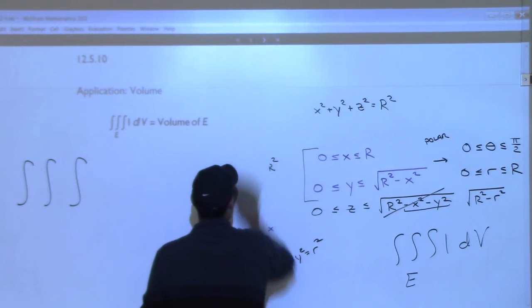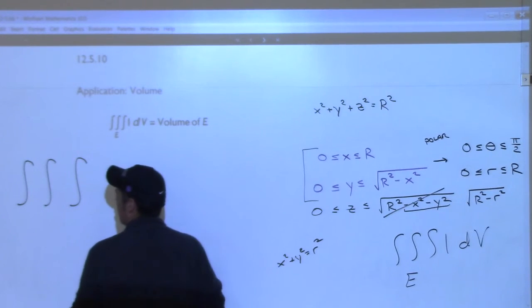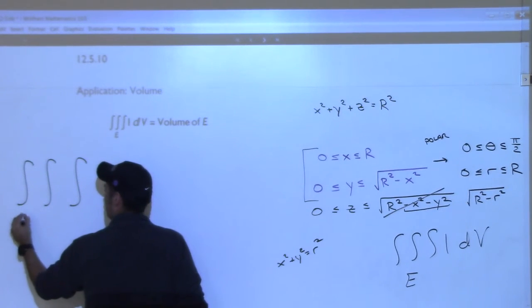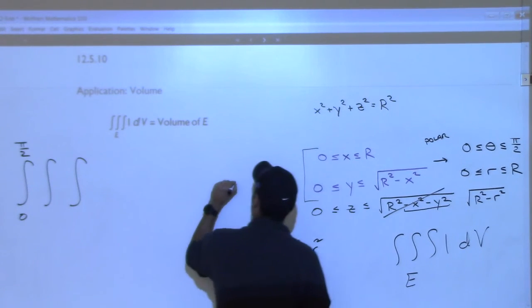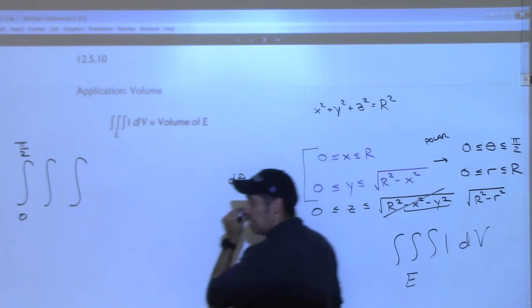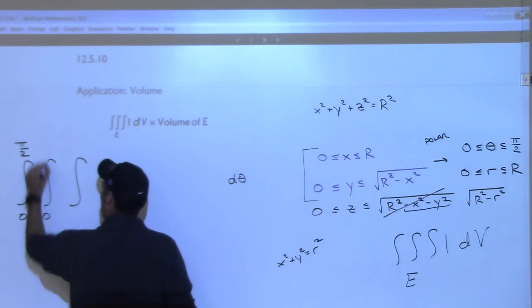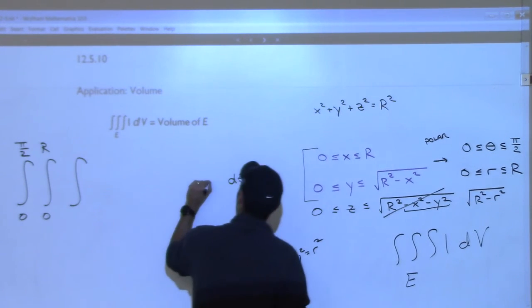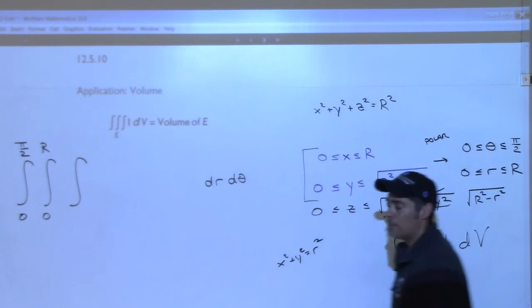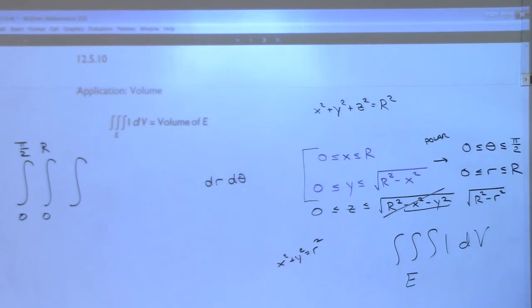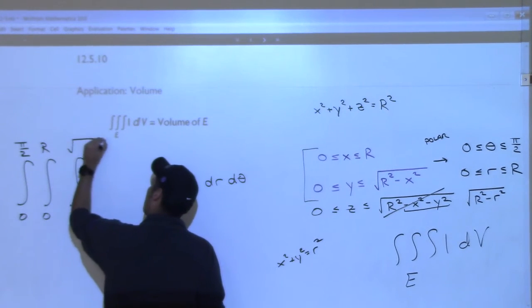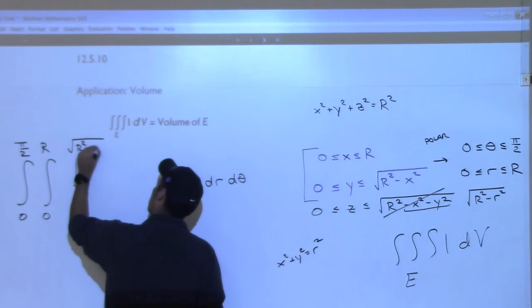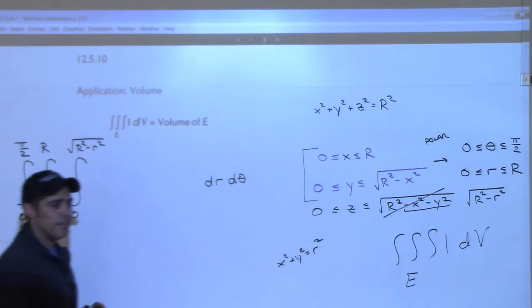Okay, here we go. What comes first? 0 to pi over 2, right? That'll be our d theta. So d theta is going to be on the way outside. Okay, what's next? 0 to capital R. That'll be my dr. That'll be the next one, right? Then what to what? 0 to square root of capital R squared minus little r squared, right?